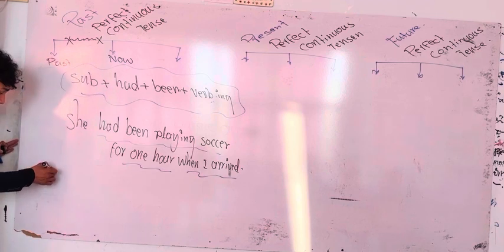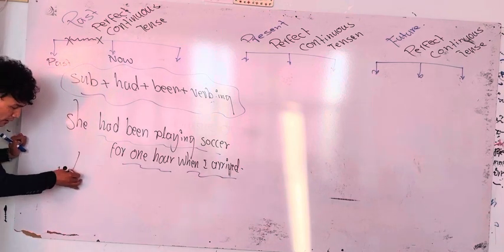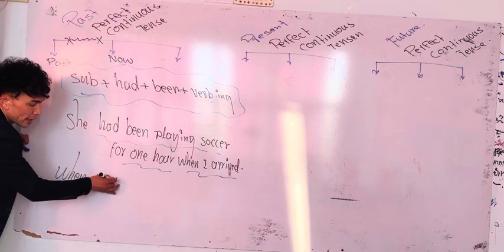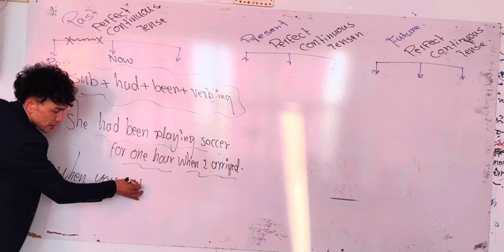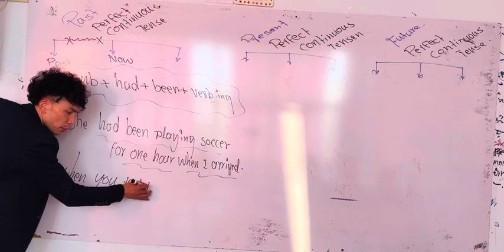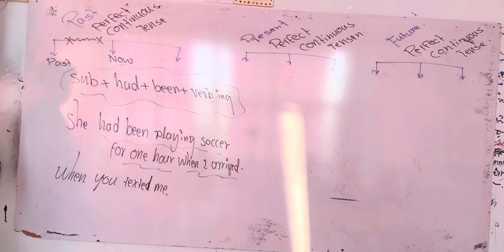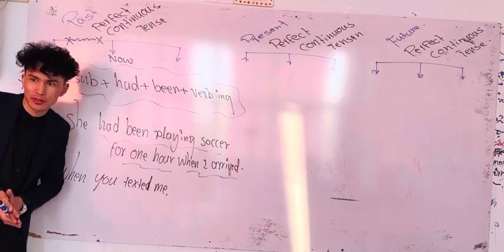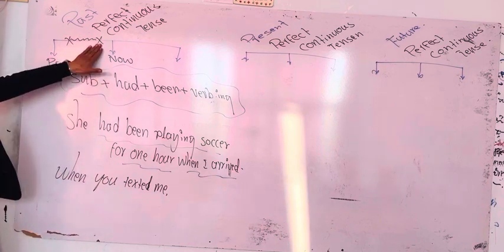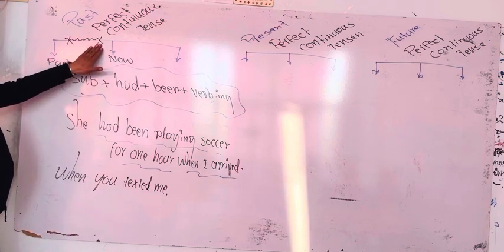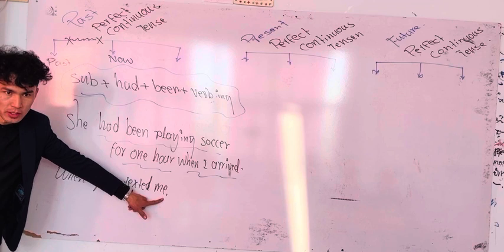Now somebody says, hey, when you texted me, now you tell me, is this the first or the second action? This is the second action. You texted me here. What happened? When you texted me, there's a comma here. Because of what?